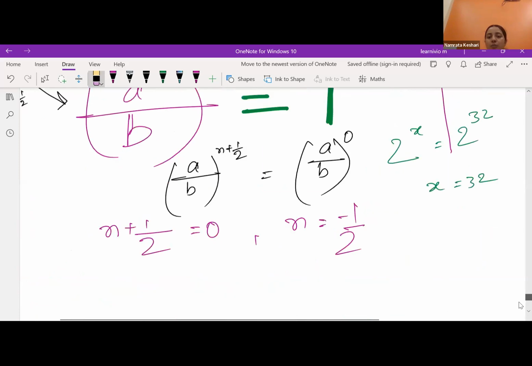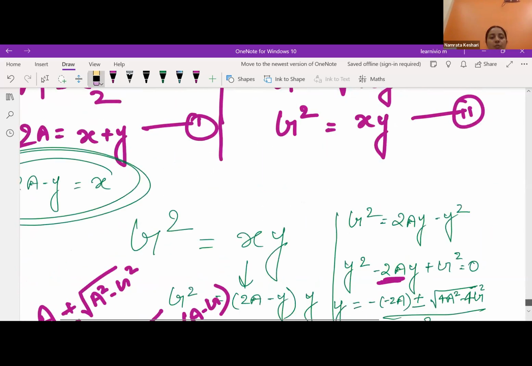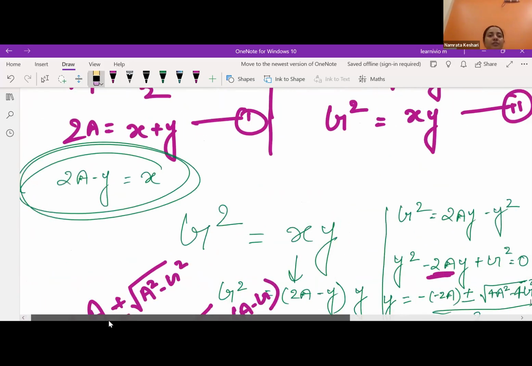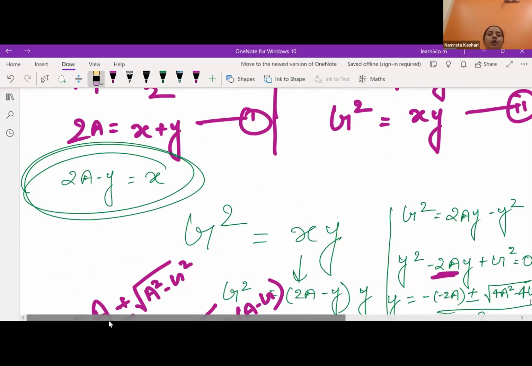Let me show you what can be done. You can see equation number 1 is here. Equation number 1 is giving you x is 2a minus y, right? Okay, let's substitute it.